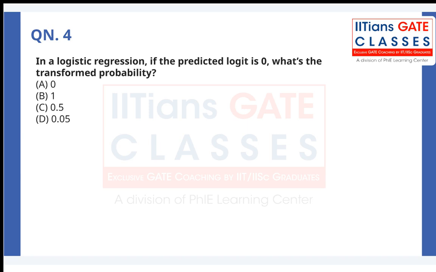Okay. So in a logistic regression, if the predicted logit is 0, what's the transformed probability? As you all know, the logit of x is log of x by 1 minus x. And then you have to find the value of x.